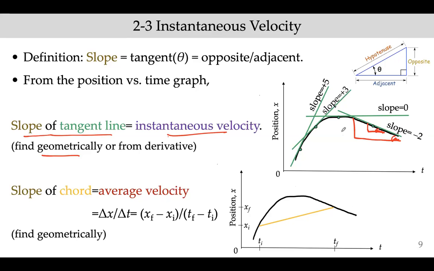So it's basically opposite divided by adjacent. Or, if you know the function of the curve, let's say it could be something like x(t) equals maybe t squared minus 3 t to the 4th. It could be anything. I'm just giving an example. You can take the derivative of this one, and it would also give you the slope.